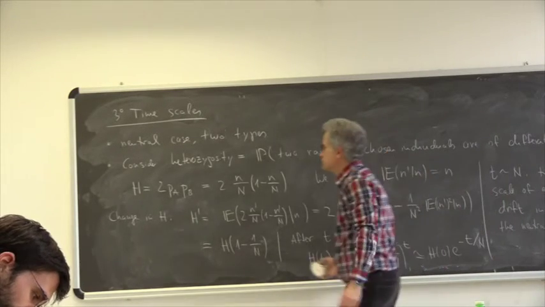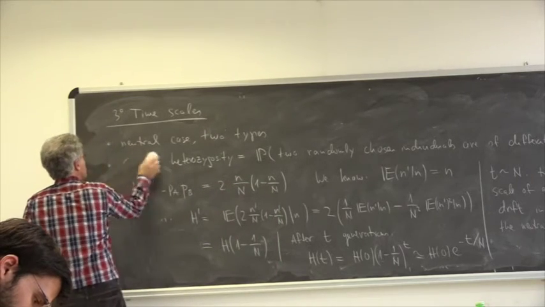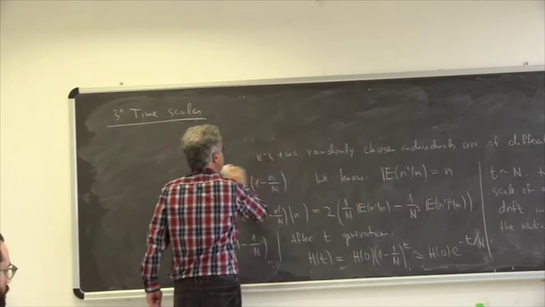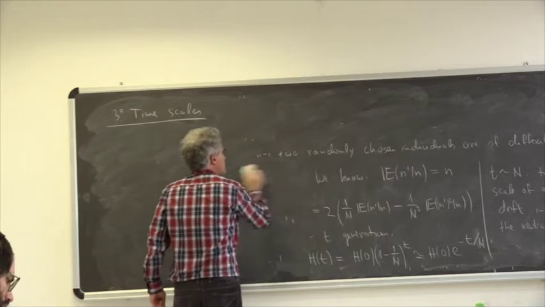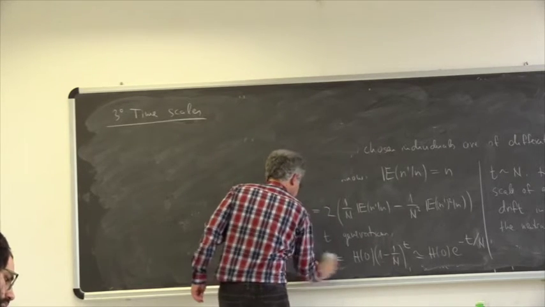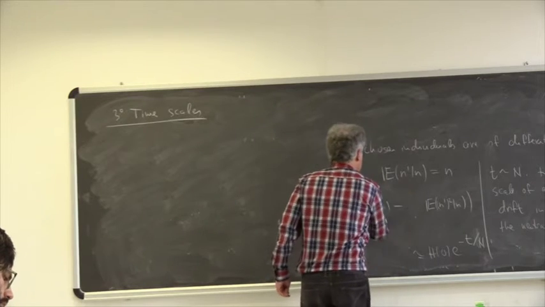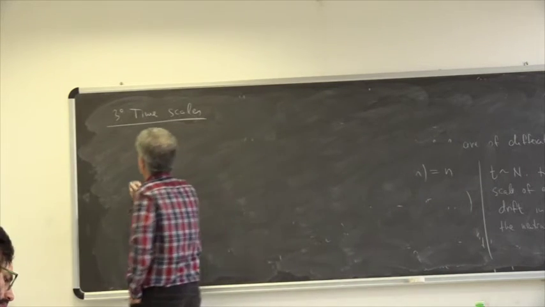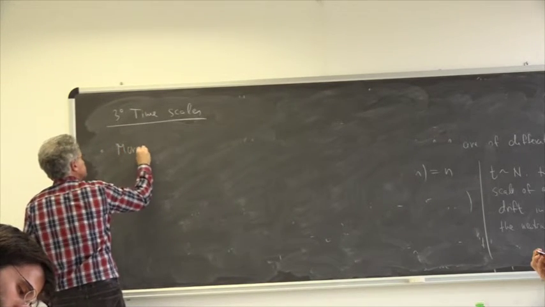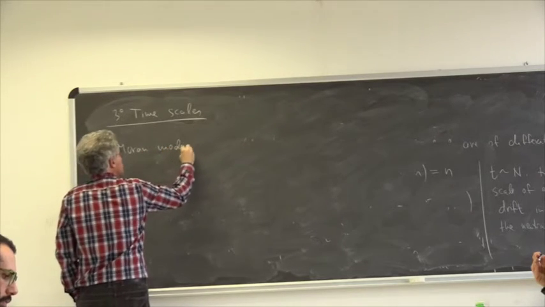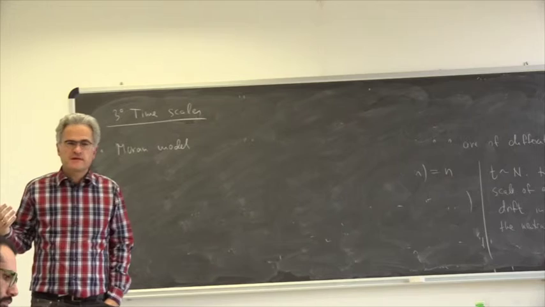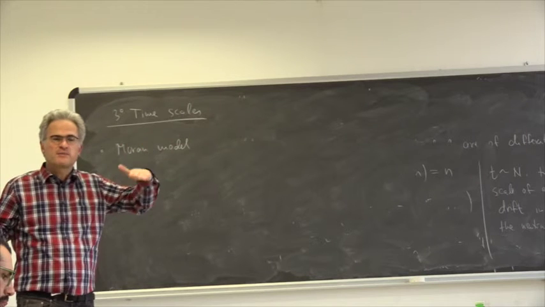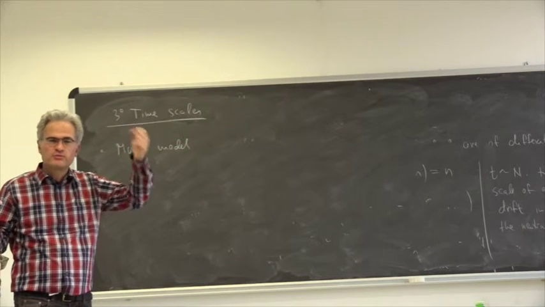Now just two more remarks about this. You can do the same calculation for the Moran model. Now the Moran model is a little bit artificial in the sense that you don't really want to call a time step in the Moran model a generation, because you only reproduce one individual.